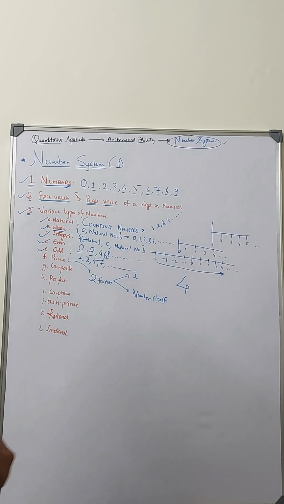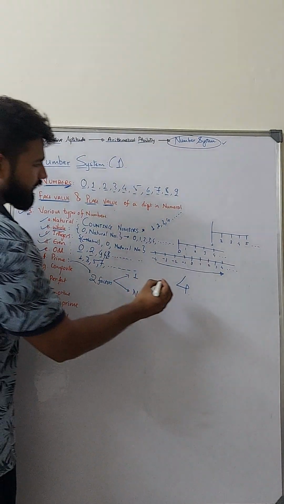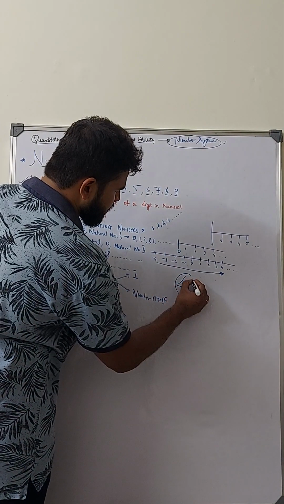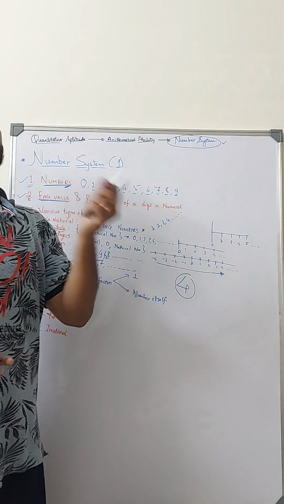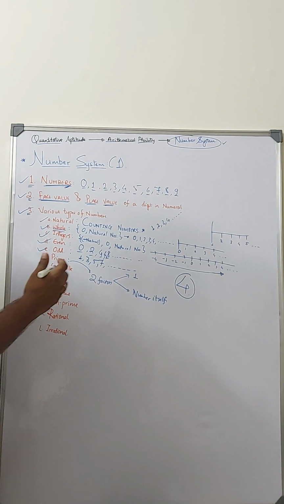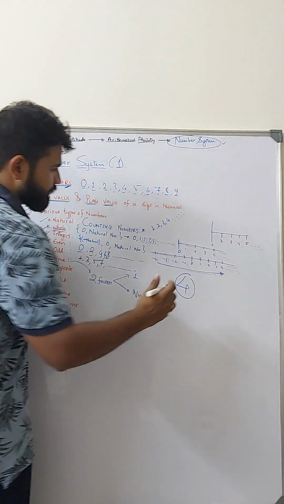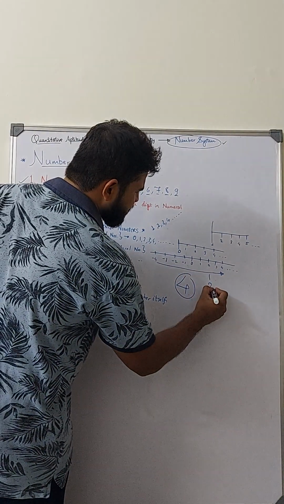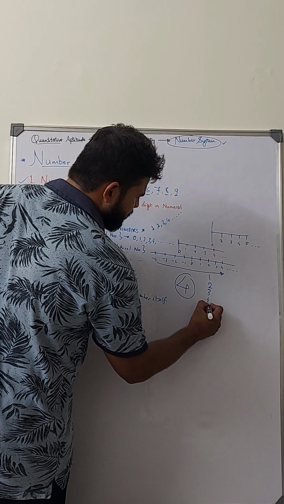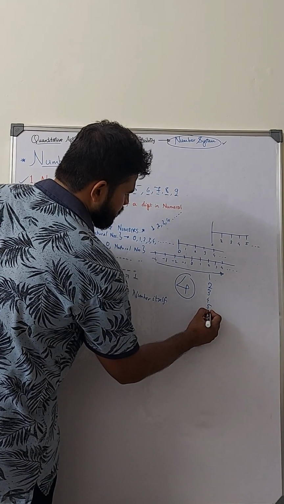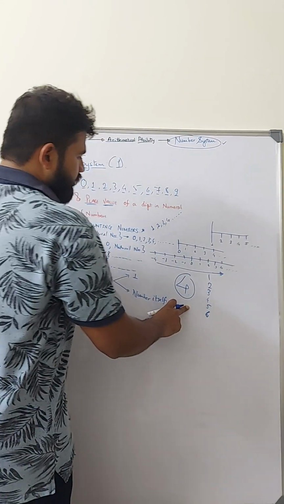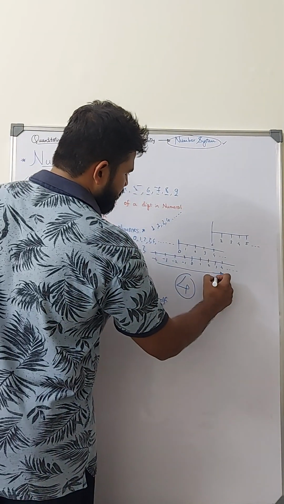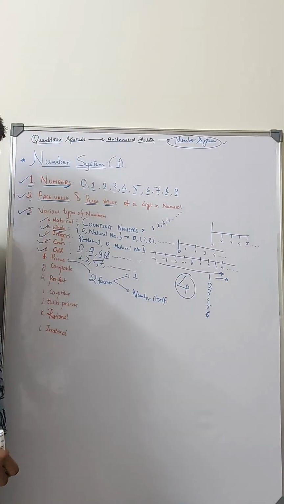Now prime number. We are considering 4. With respect to 4, what are the factors? Factors simply means, for now, consider in which table it runs. So does 4 come in one's table?